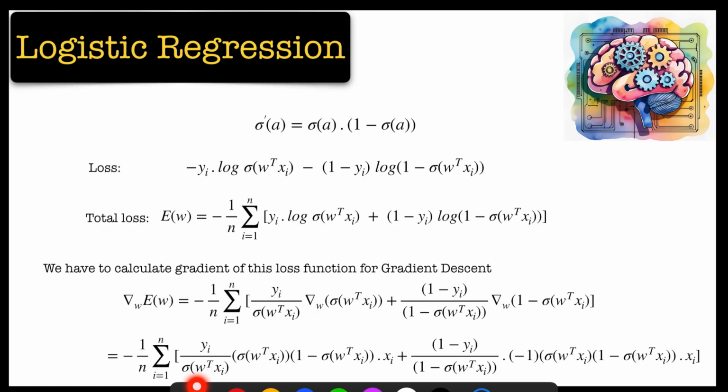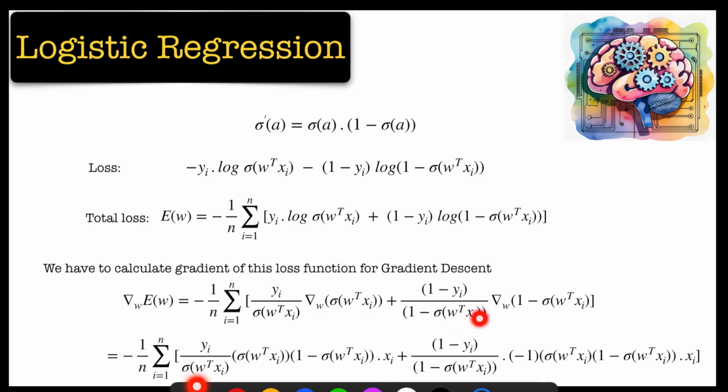Then the gradient of 1 minus sigmoid of w transpose xi. Now the gradient of this sigmoid will give sigmoid of w transpose xi times 1 minus sigmoid of w transpose xi, and then the gradient of w transpose xi with respect to w, so we'll get xi here.